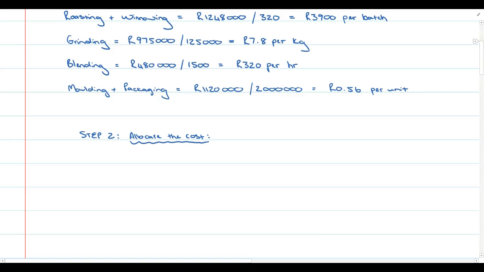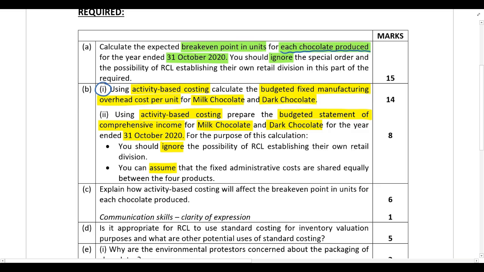All right, and if you go back to the required, we do not need to allocate this cost to all 4 products. We are only required to calculate the budgeted fixed manufacturing overhead cost per unit for milk chocolate and dark chocolate. So we are only looking at this calculation for those 2 chocolates.